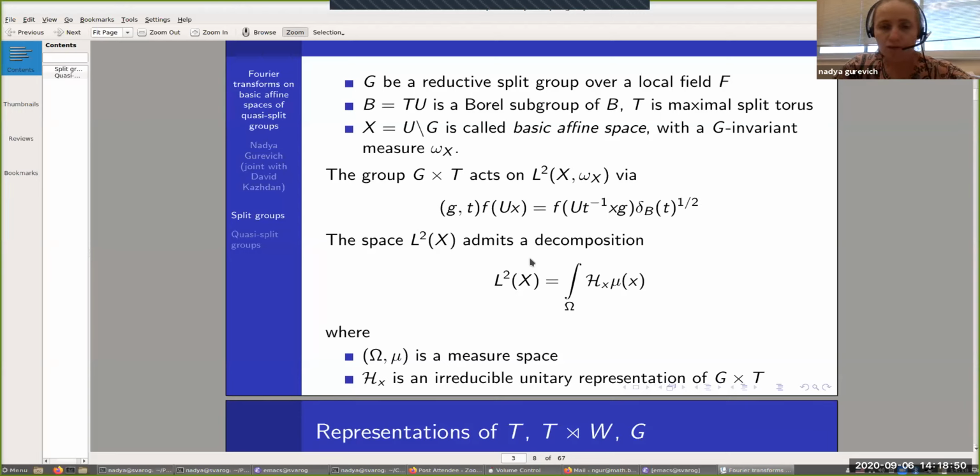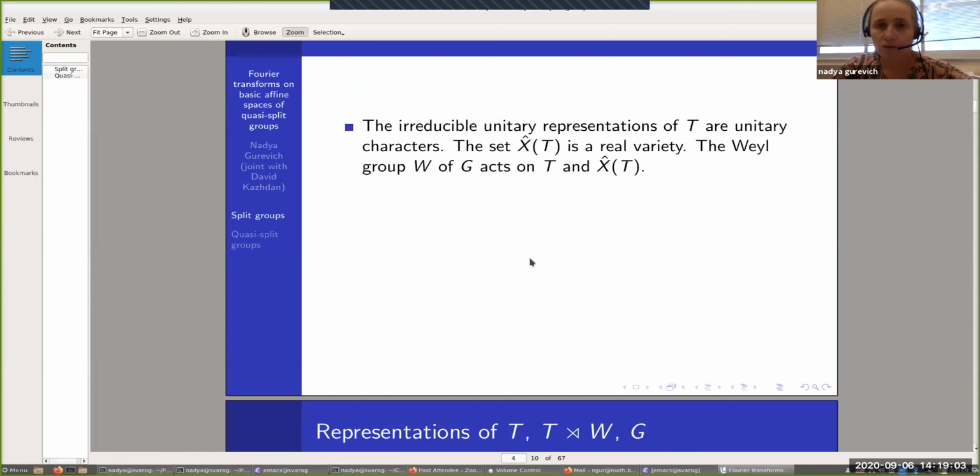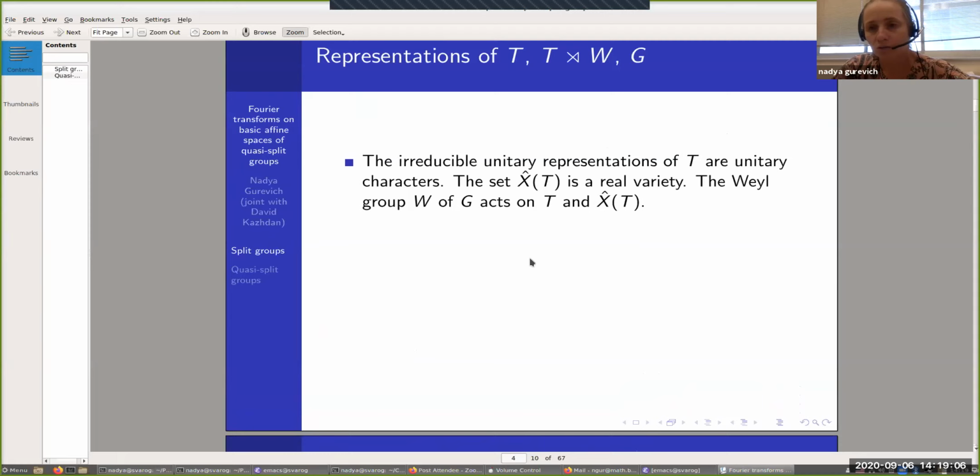Okay, so before saying explicitly which representations occur, I will say a couple of words about representations of G times T. T is a commutative group, so any irreducible unitary representation is just a unitary character. And the set of all unitary characters, X hat of T, has the structure of a real variety, on which there is a natural measure, which is just a Lebesgue measure.